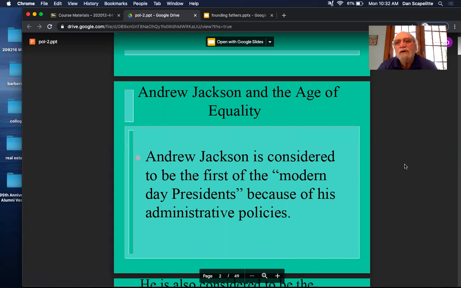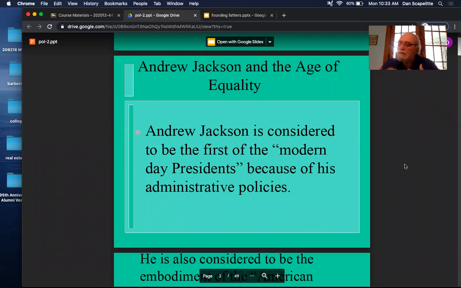Liquor would flow very generously, and even on the day of the election, they would have the election in a bar, and they would have a party after they were elected. So the way that presidents were voted into power would be transformed by Andrew Jackson and the Democratic Party at the time. So Andrew Jackson is considered to be the first of the modern presidents, what we would call a modern day president.